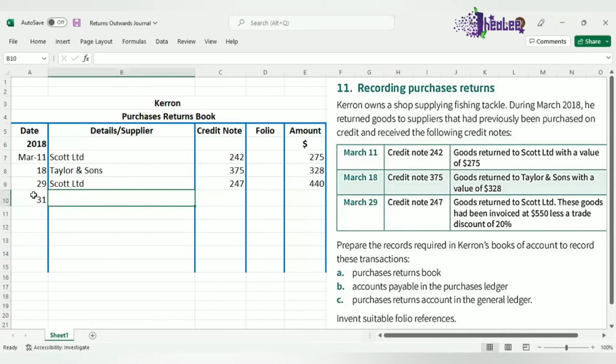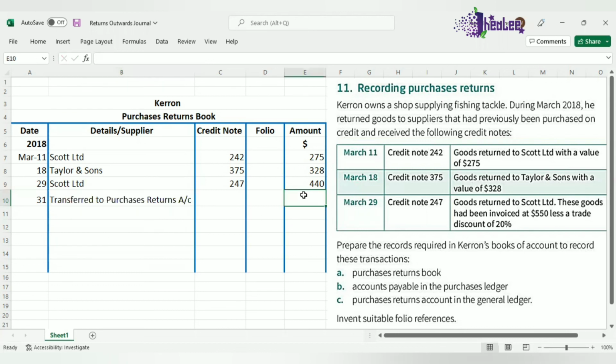Your details can be total returns outwards or total purchases returns, or you could simply write transferred to purchases returns account. And I strongly recommend this because it will stick in your mind that the total coming from this book should be placed in your purchases returns account, which is located in your general ledger. Or instead of using purchases returns, you can use returns outwards.